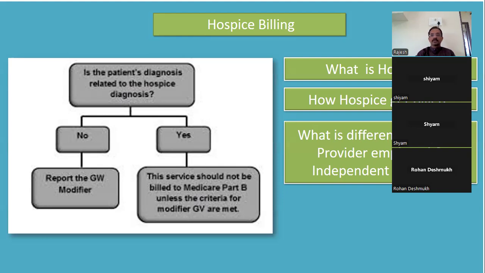The patient is admitted in the cancer center, that is a hospice center, and for anything related to cancer, Dr. A will give the treatment, but he cannot bill that to Medicare. The hospice center will bill that to Medicare and get the money, and then they will pay the doctor. Unless you work in a hospice center, where your billing includes the hospice center, this particular scenario you will never get.